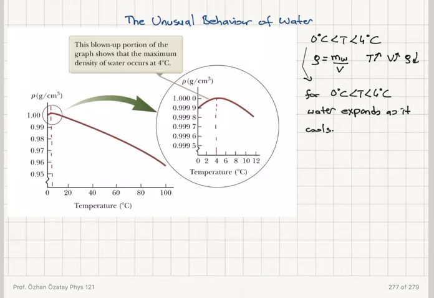Now that means the density of ice is less than the density of water. So this means ice floats on water because of buoyancy. Ice floats on water, and this makes marine life possible.